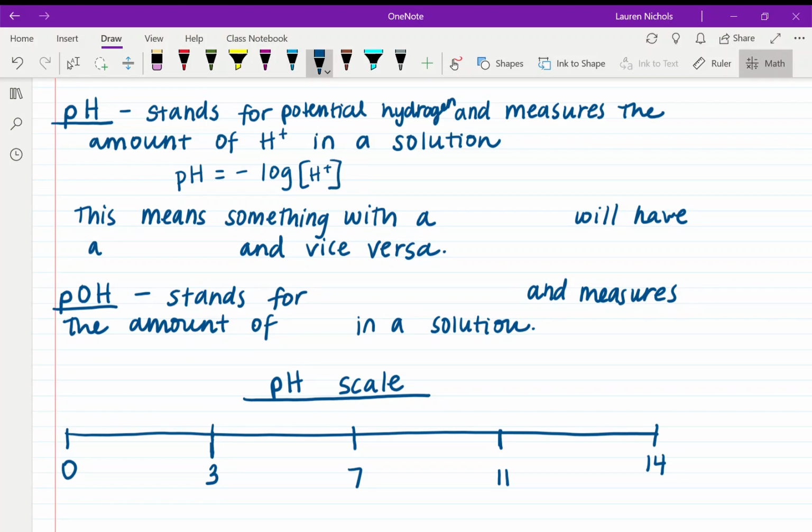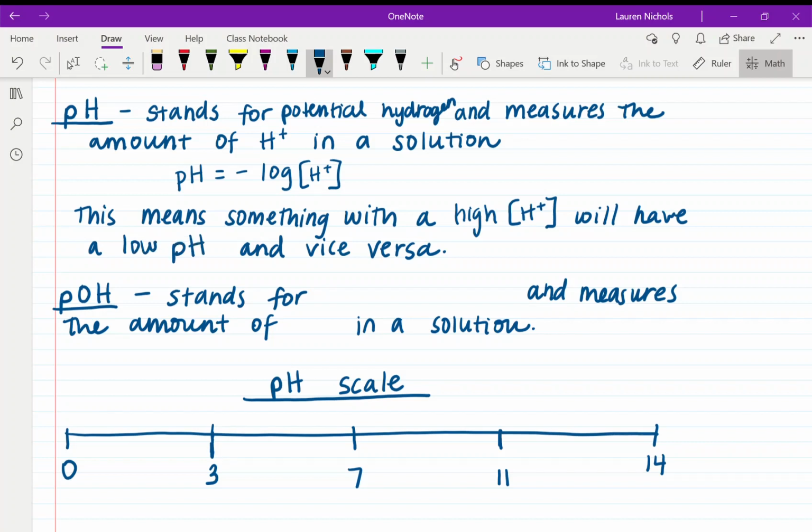molarity of hydrogen. Now, if you remember this from math, which I know a lot of you are groaning in your brain thinking, oh, math, don't worry, you don't actually have to do the calculations, but you do need to remember a little bit about logs. Logs kind of have an interesting inverse effect. So this means that something with a high H plus concentration will actually have a low pH number.